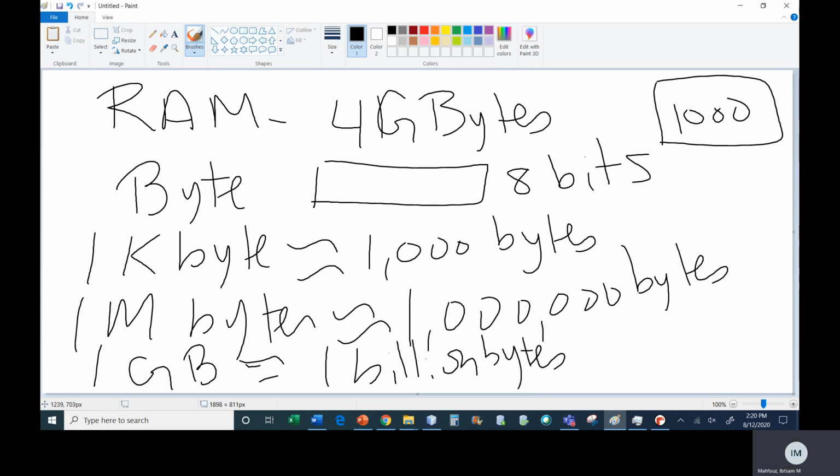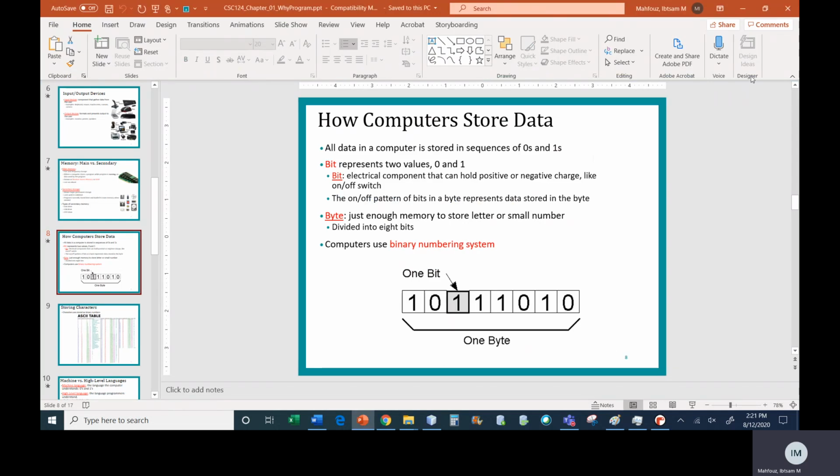And if we talk about a terabyte, you're going to multiply that by 1,000. So RAM or the hard drive is broken down into little chunks of memory. Each space in memory is capable of storing 1 byte, which is able to store just a character, like the letter A, for example. This is called the binary numbering system.